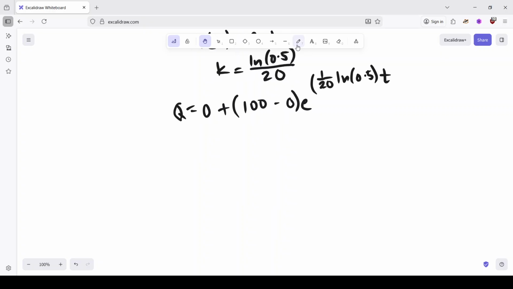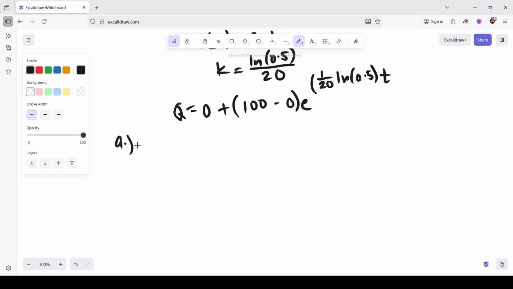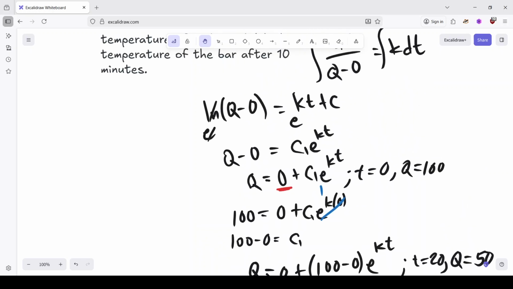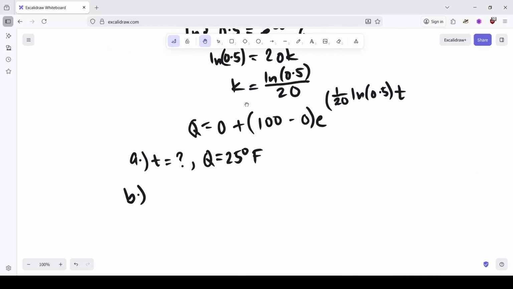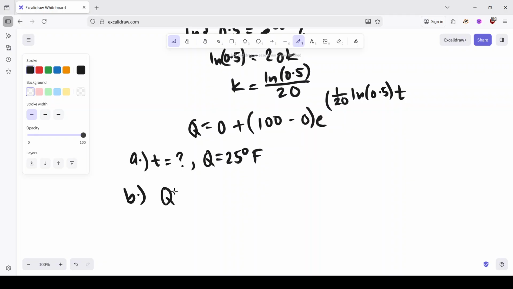So letter A, the time it takes for the temperature to be 25 degrees Fahrenheit, and then letter B, the temperature after 10 minutes, the Q after 10 minutes. So we can use our equation now to solve for these questions.